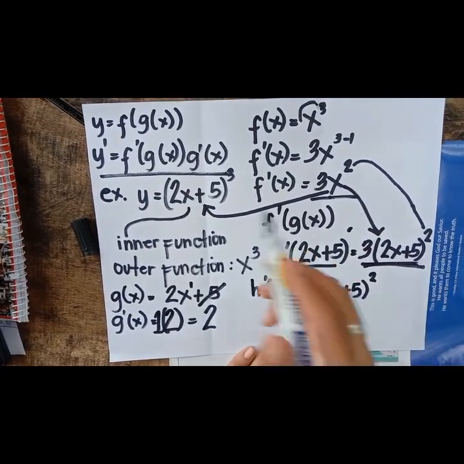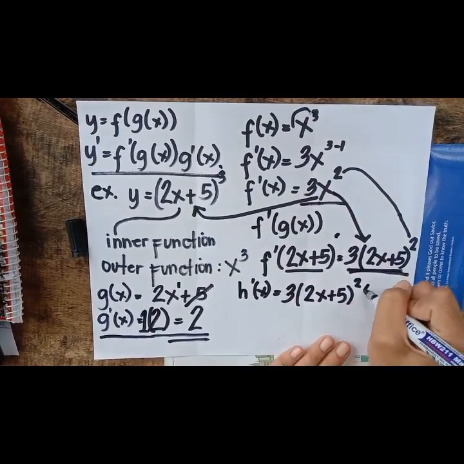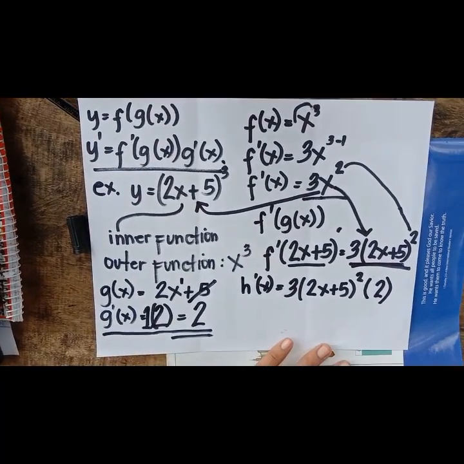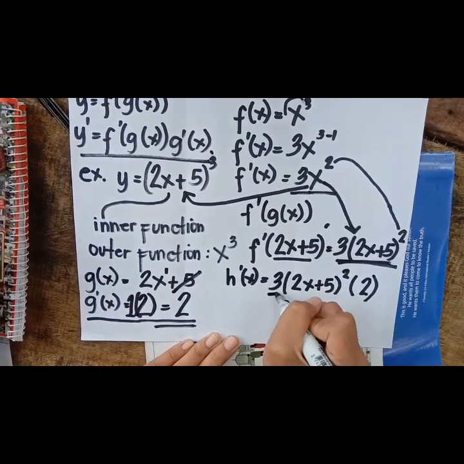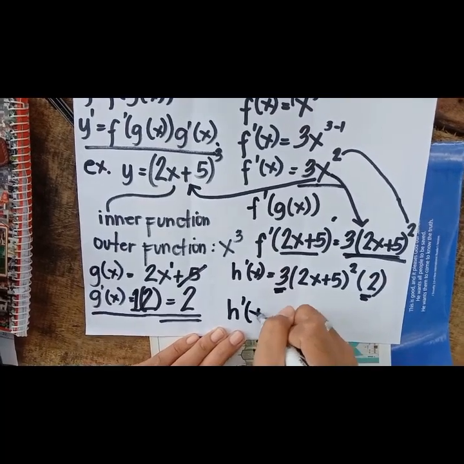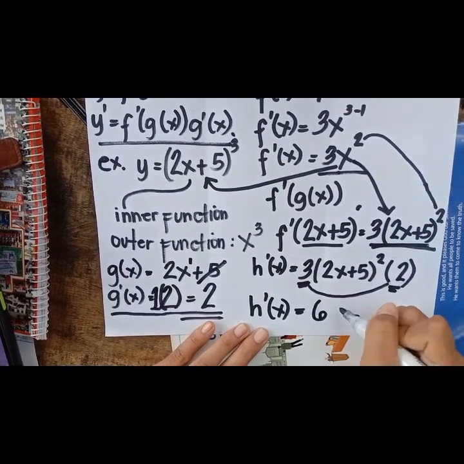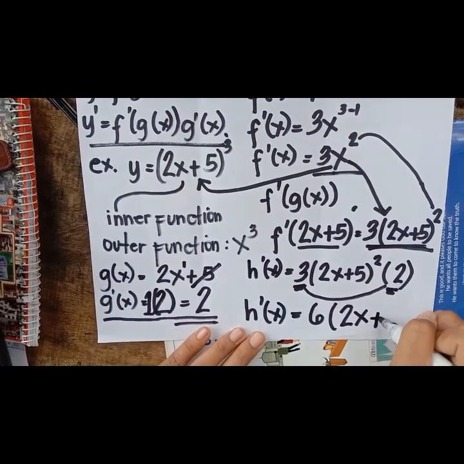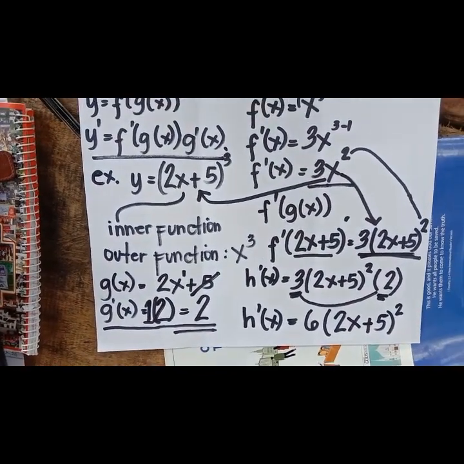Then, our g prime of x is equal to 2. So, let's just simplify this equation. Multiply 3 by 2. So, h prime of x is equal to 3 times 2, which is 6, times the quantity of 2x plus 5 raised to 2. So, that is the chain rule.